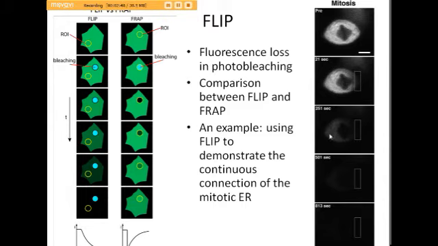We can see that the region far away from this FLIP photobleaching region gradually reduces in intensity. As you further photobleach this region, we can see the intensity of the other regions reducing and reducing. Eventually, the total cell pool of lamin B receptor GFP is all photobleached. So this indirectly shows that mitotic ER is continuous.